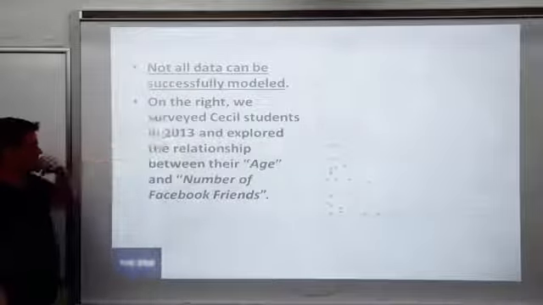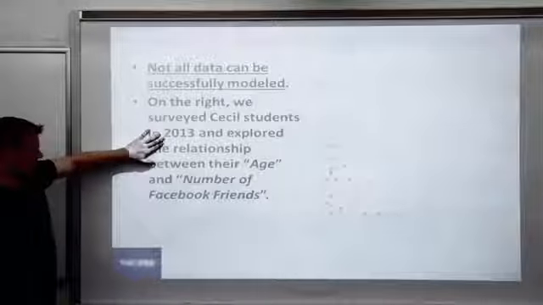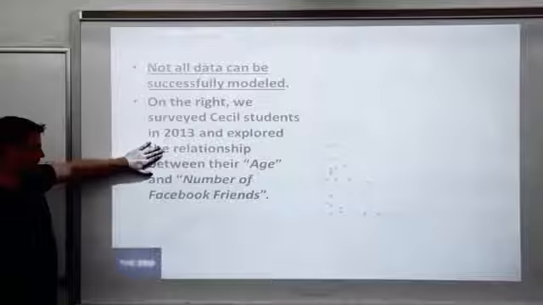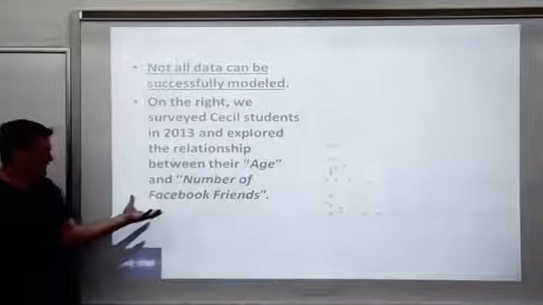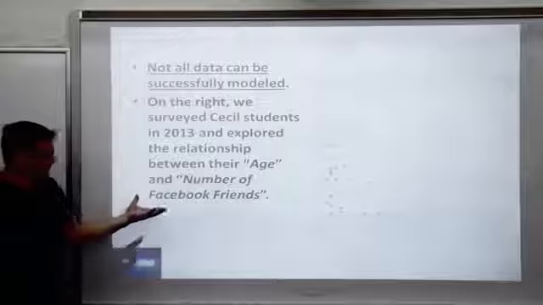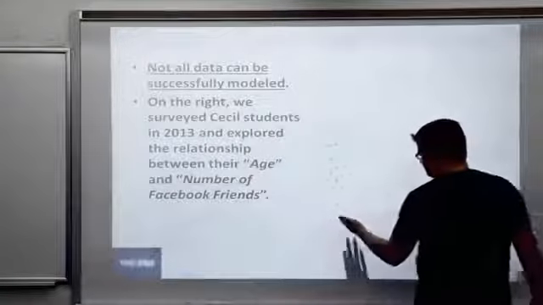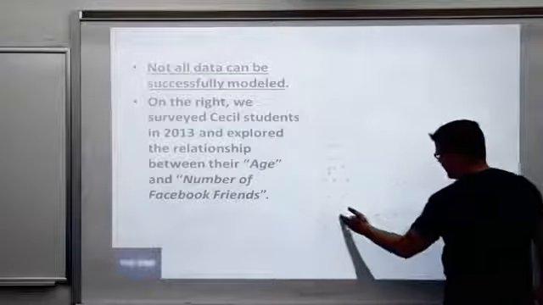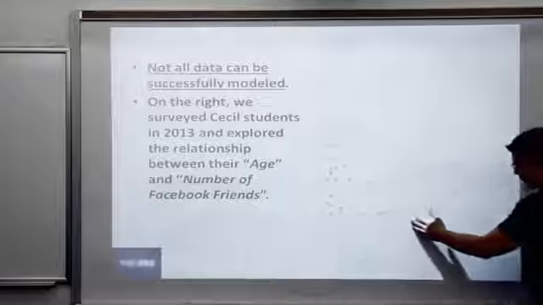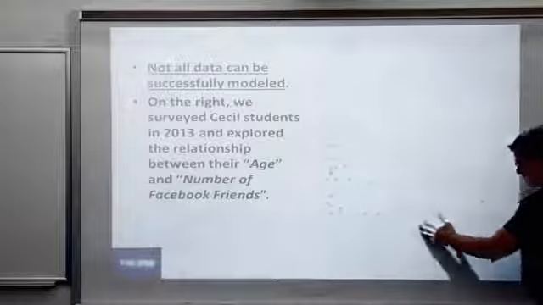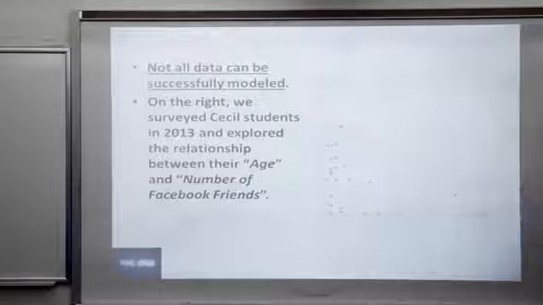Here on the right, we surveyed Cecil students back in 2013. We're looking at the relationship. Age, how old are you versus how many Facebook friends do you have? And at Cecil College, most students are 18, 19, 20, and would have a pileup of data in the younger ages. And there are a few students in their 30s and a few students in their 40s and 50s and even 60s.